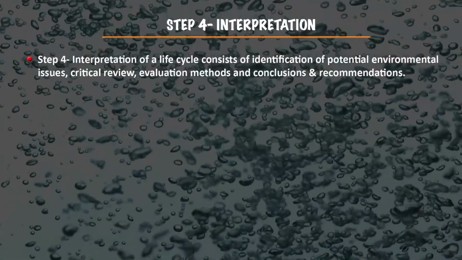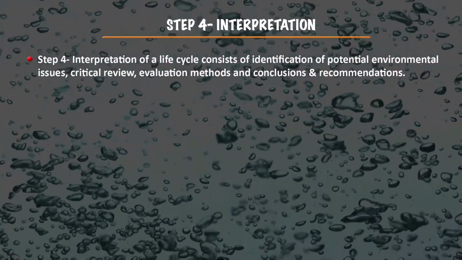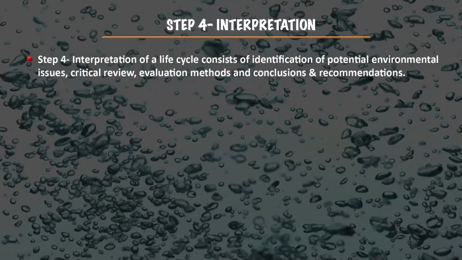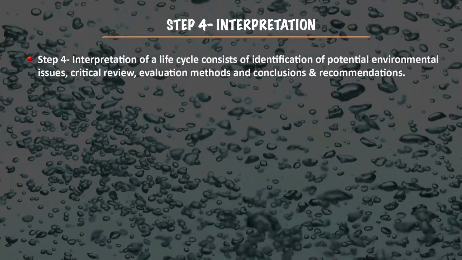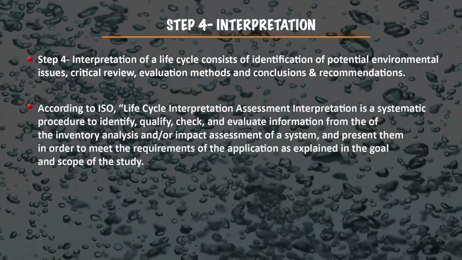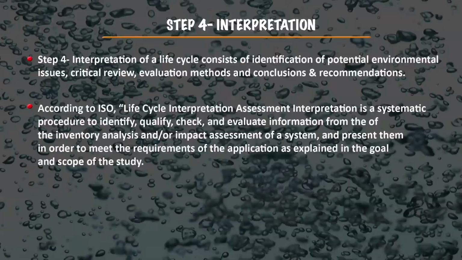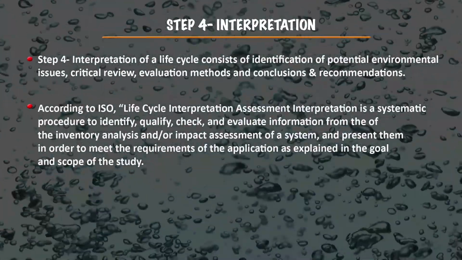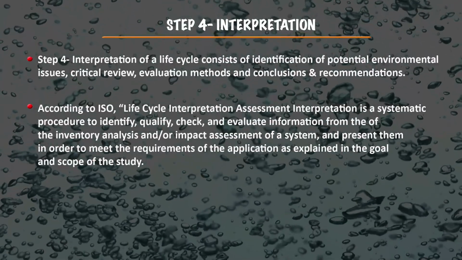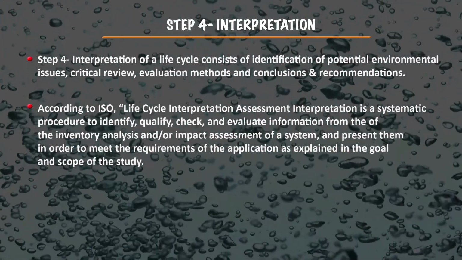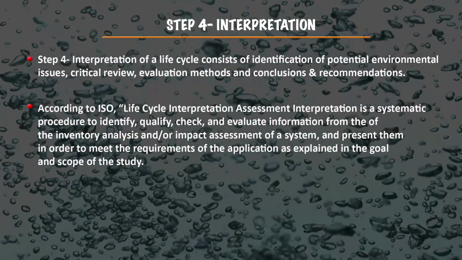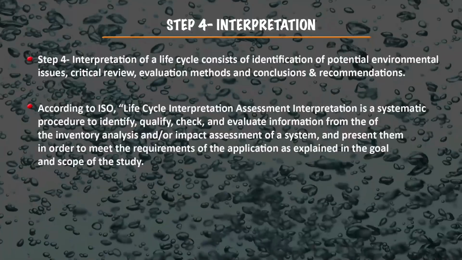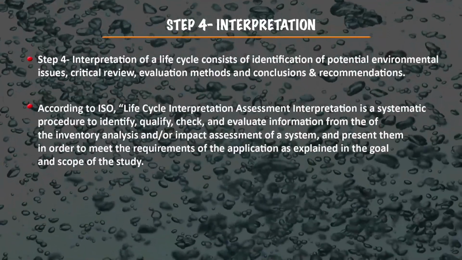If we come to step 4, that is the interpretation of life cycle, it consists of the identification of potential environmental issues, critical reviews, evaluation methods and conclusions and recommendations. According to the ISO standards, life cycle interpretation is a systematic procedure to identify, quantify, check and evaluate information from the inventory analysis or the impact assessment of a system and present it in order to meet the requirements of the application that is explained in the goal and the scope of the study.